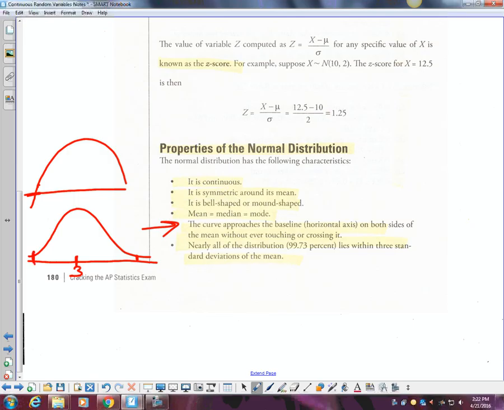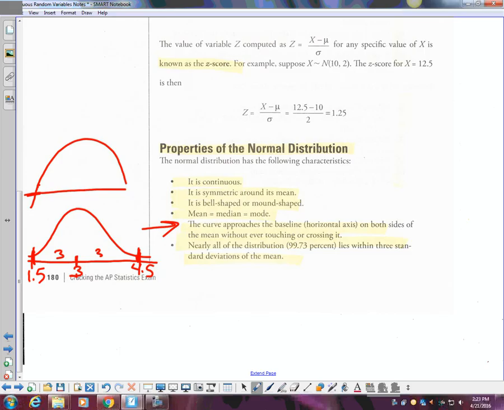Well, that means that 99.7% of my rats are within 3 standard deviations of my mean. And if my standard deviation is half a pound, how far are we going? 1.5. So where are we? 4.5 and 1.5.